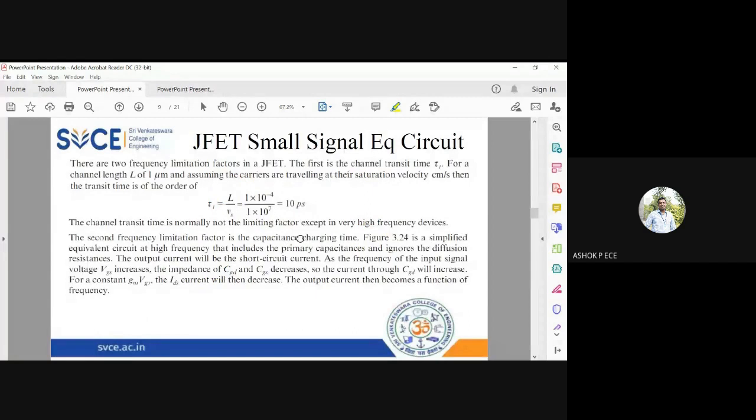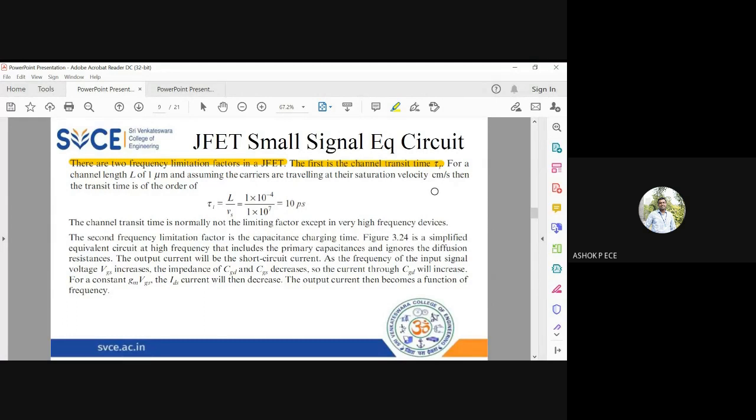So from the equivalent circuit, we have seen there are two limitations in JFET. They are saying that we have two frequency limitations in JFET. First one was channel transit time. I told you whenever you have any medium, how quickly the majority carriers can cross the medium is a big challenge.